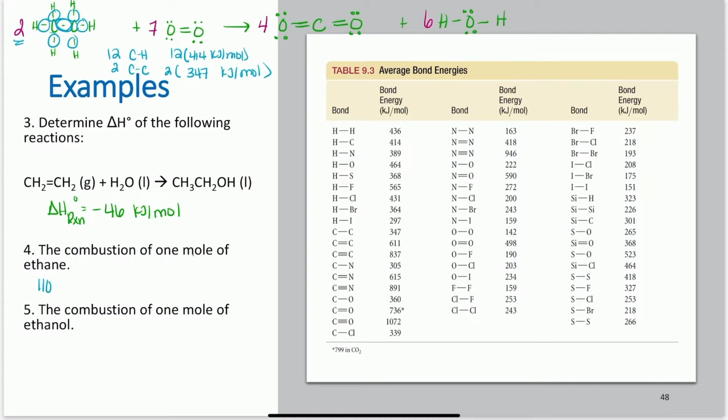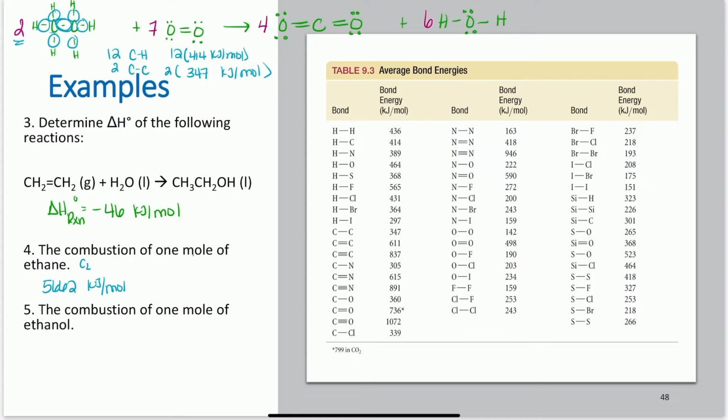Overall, that gives me, hold on, I need to re-add that, because I don't know where I wrote down this number. 414 times 12 plus 347 times 2 gives me 5,662 kilojoules per mole.